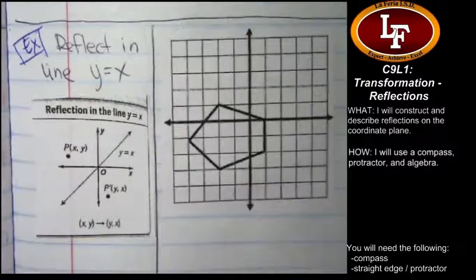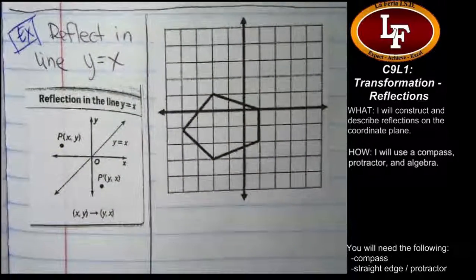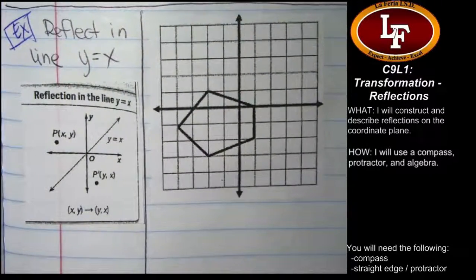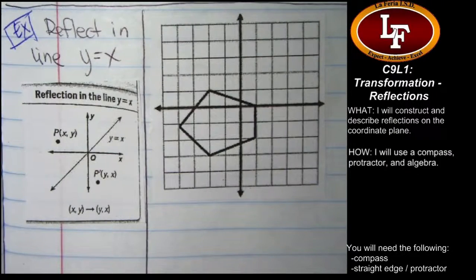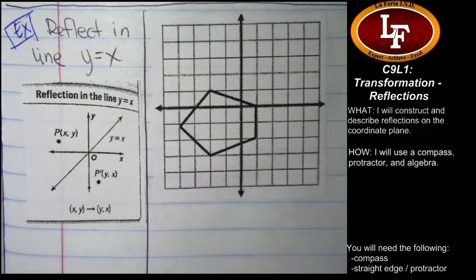Here's what the next one is going to look like. We're going to use the pentagon, and we're going to reflect in the line y equals x. Take a few moments now, make sure that you find the right graphics and you get them glued in at the right orientation.